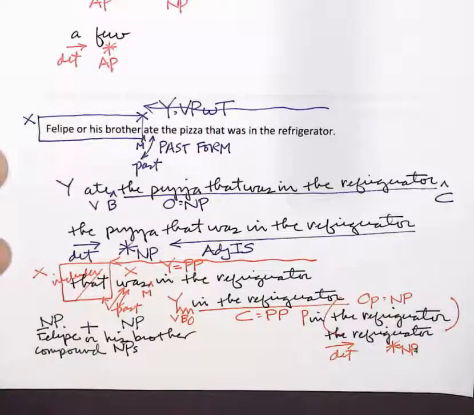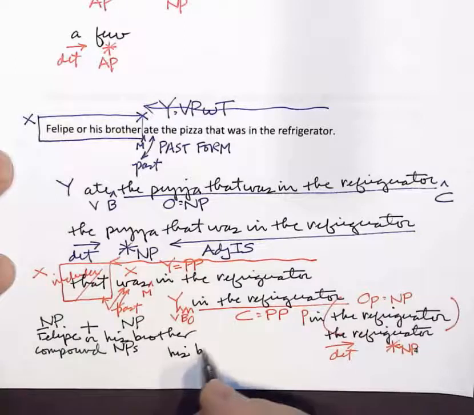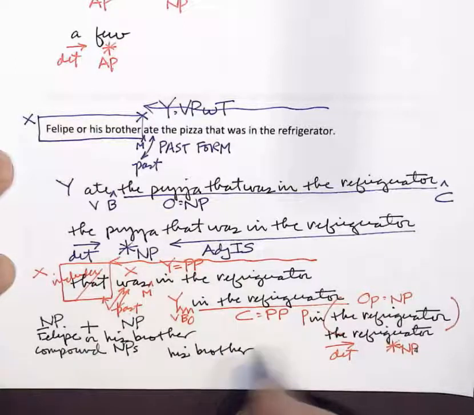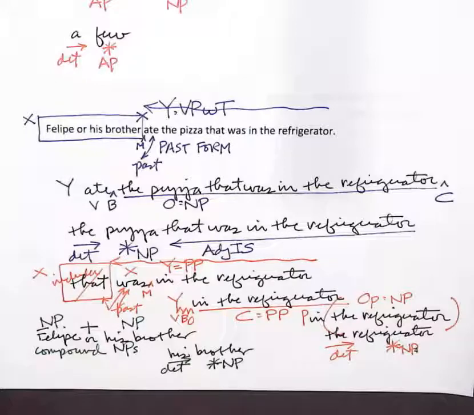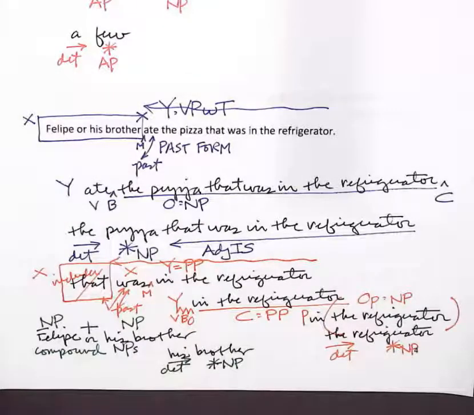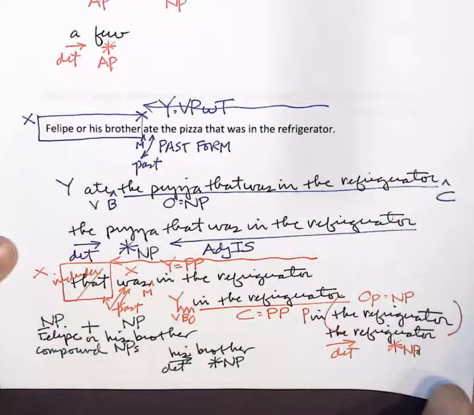We only really need to analyze his brother, because that has more than one word. And his brother. Brother is the noun phrase head, and his is the determiner. Finished. Please continue on to the next page. Do the next sentence, analyze it down to the individual words, and we'll take a look at it together.